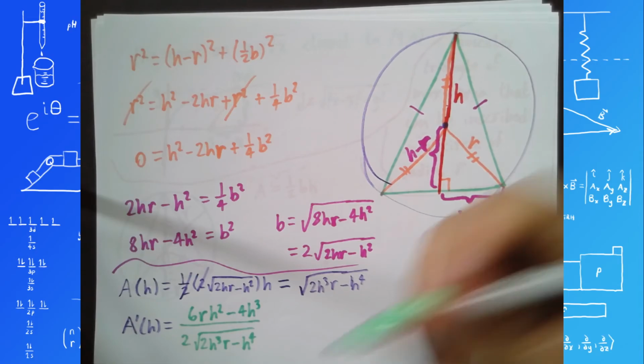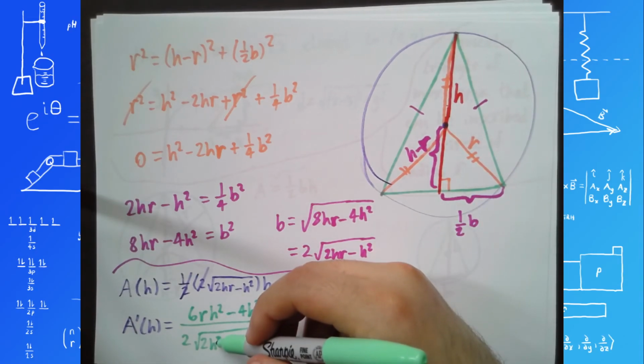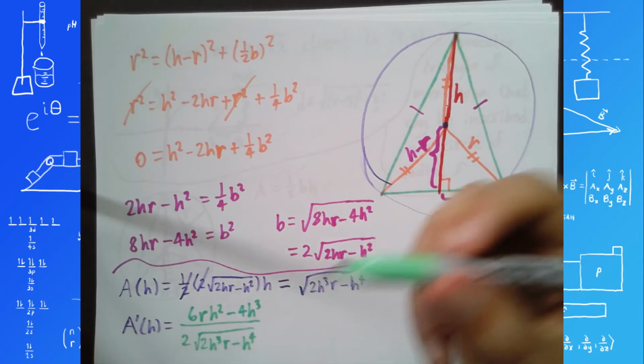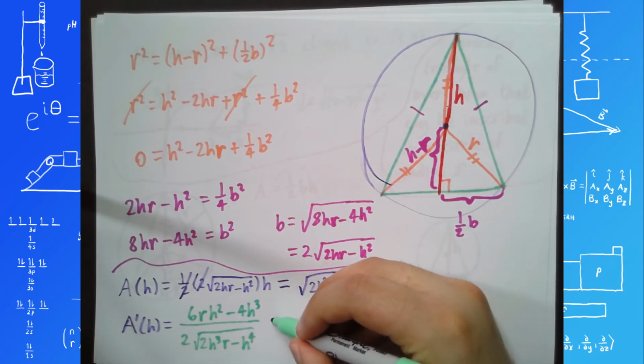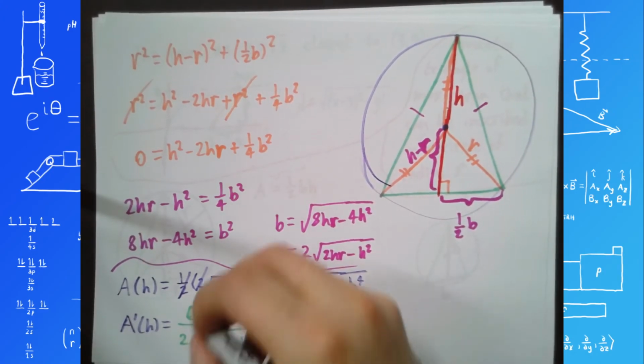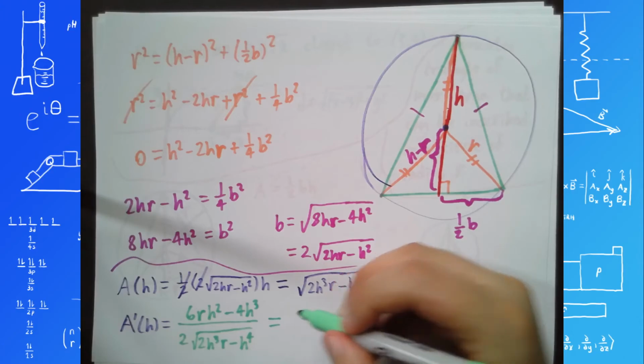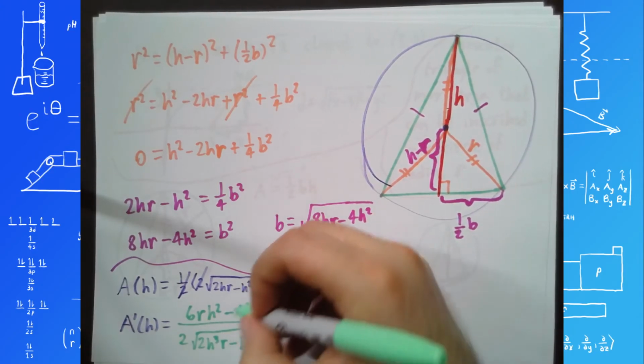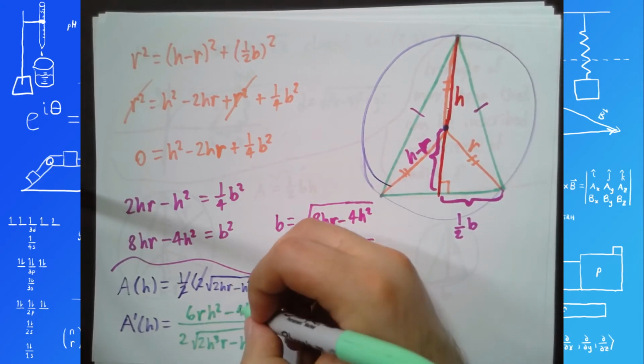Okay, and I suppose now we can factor out the h squared that we originally put in the square root. So we end up with, and I guess we can simplify the 6 and 2 while we're at it. Oh, and the 4, yeah, 6/2 and 4/2.